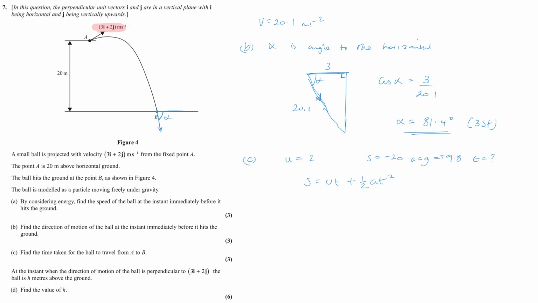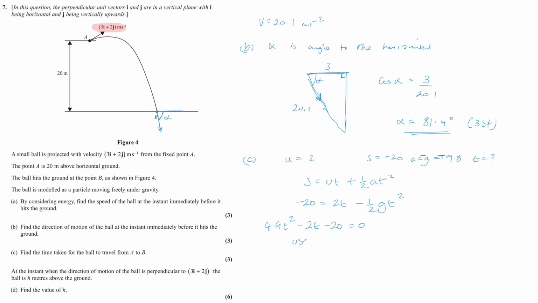And if the 2 is positive going up, then g going down is minus g. So minus 20, distance down, is 2t minus a half gt squared, which is 4.9t squared minus 2t minus 20 equals 0.